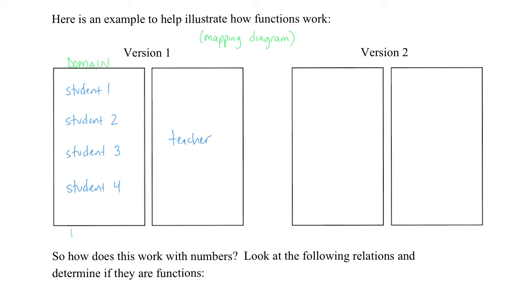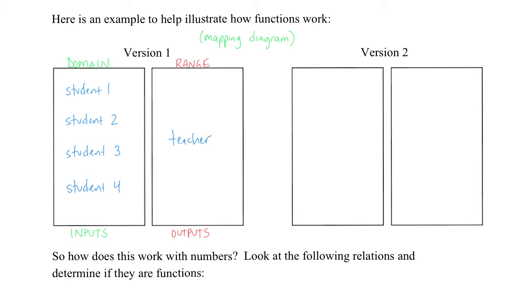These are our inputs. And on the right-hand side, this is our range. These are our outputs. So that's important vocabulary. Your domain is always your inputs, and your range is always your outputs.